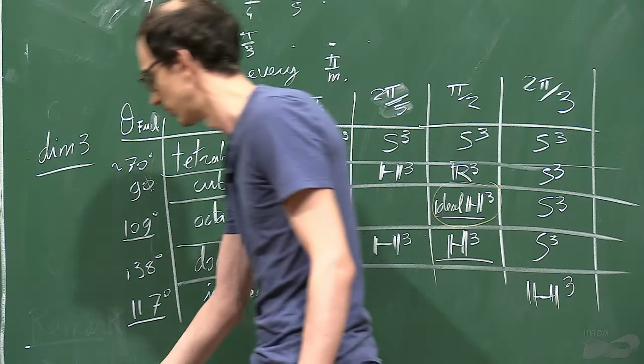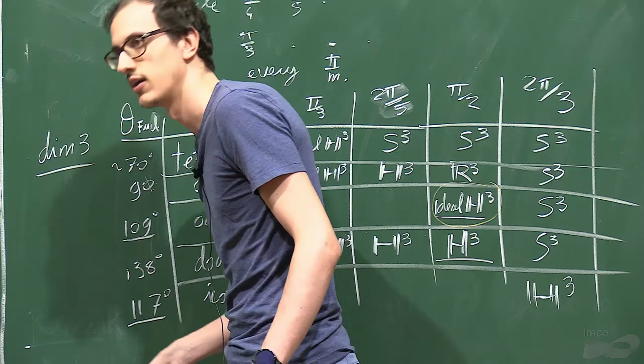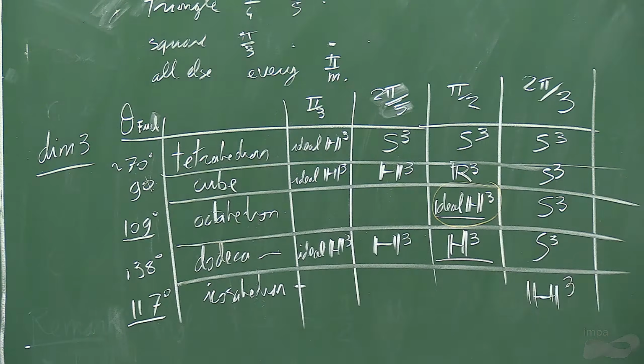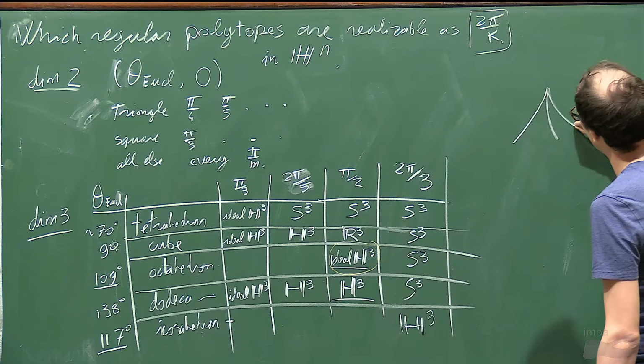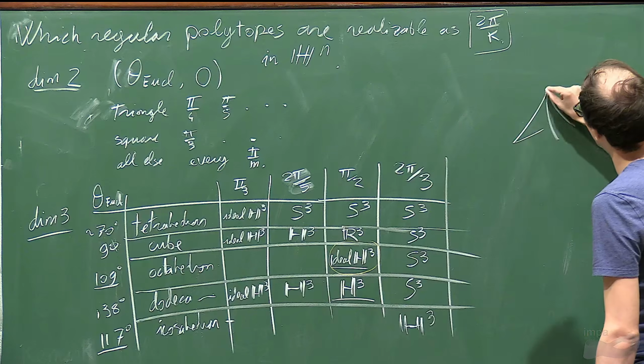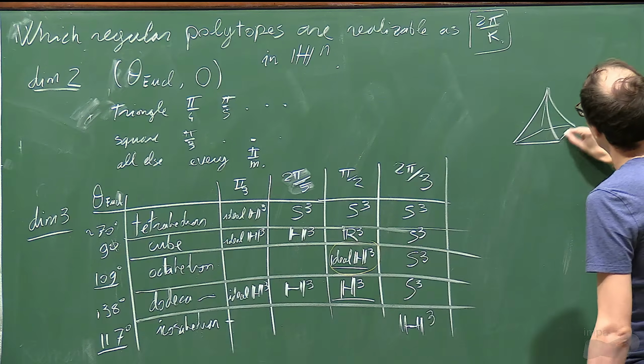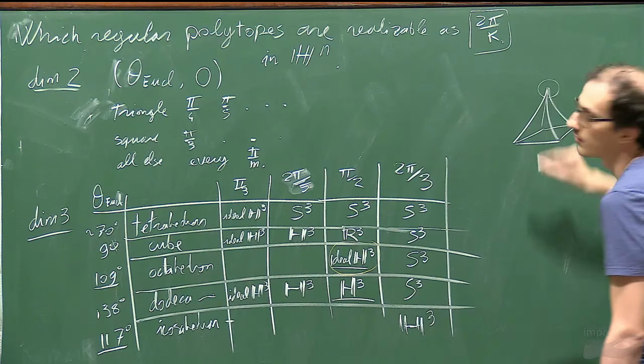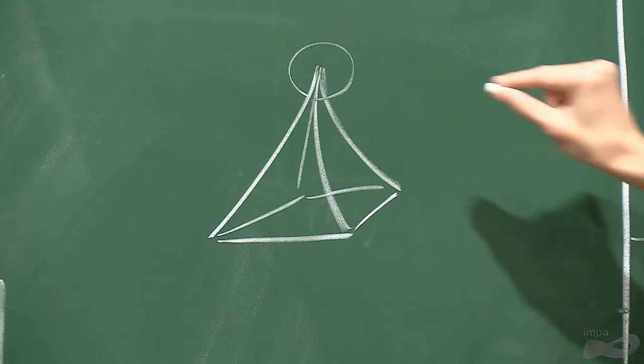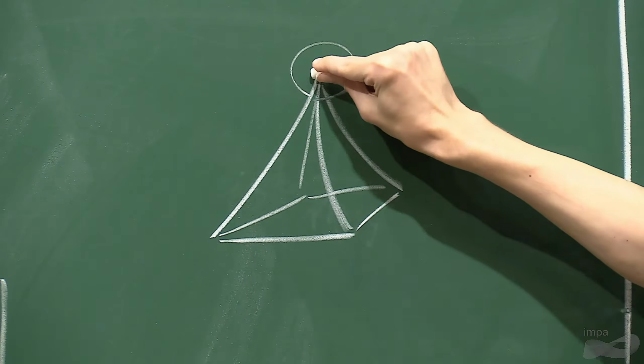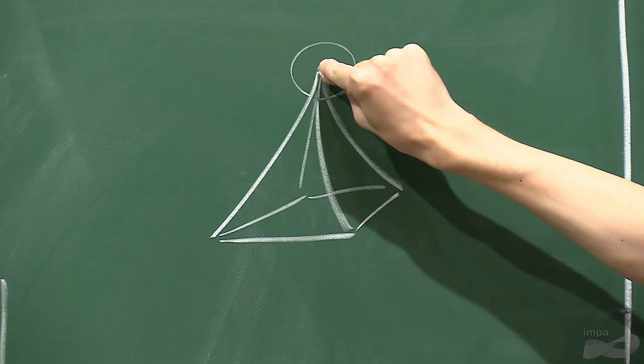But is not simple. And this is due to the fact that in the ideal picture, the vertex is at infinity. So here, this is not a simple polytope, but it's not an issue because the point at infinity is not there.